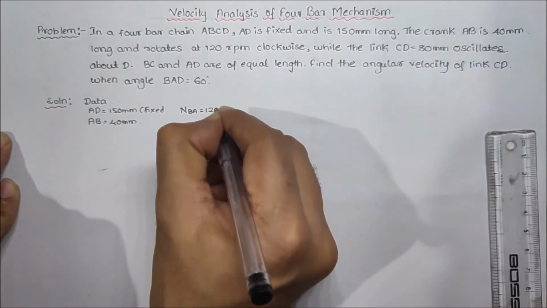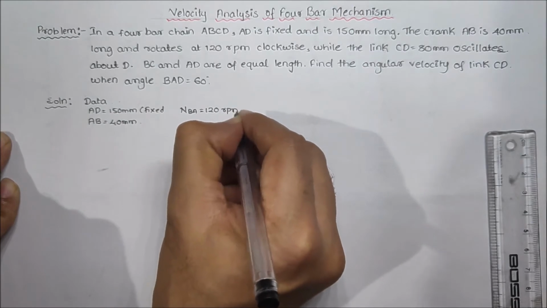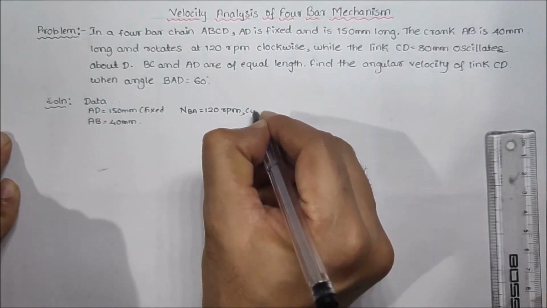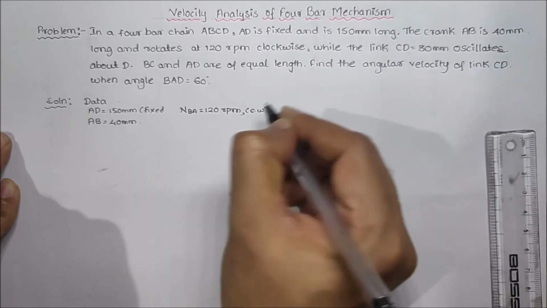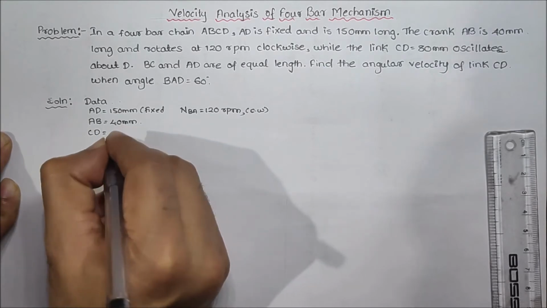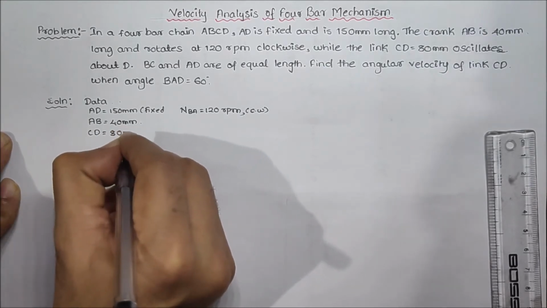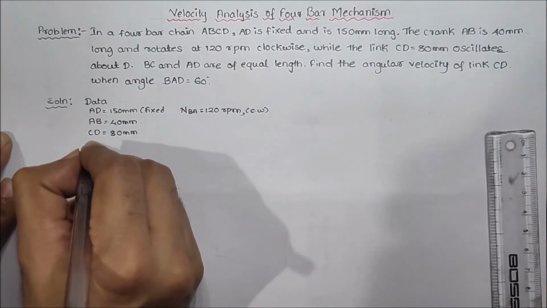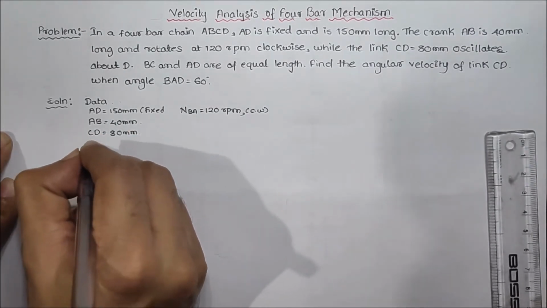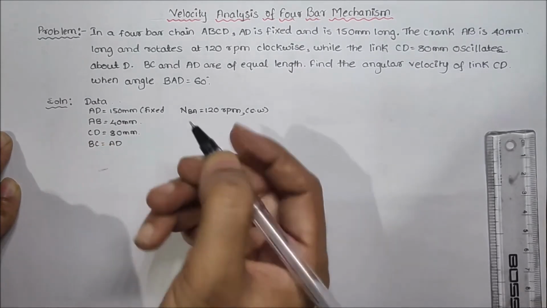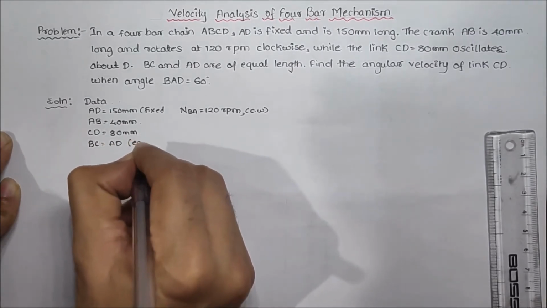So 120 rpm, it is in clockwise, while a link CD equal to 80 mm oscillates about point D. BC equal to AD, so we'll write equal.